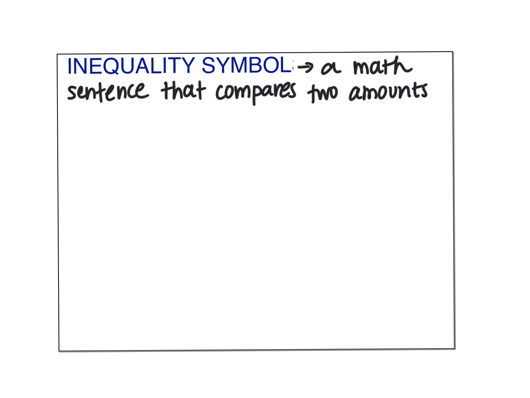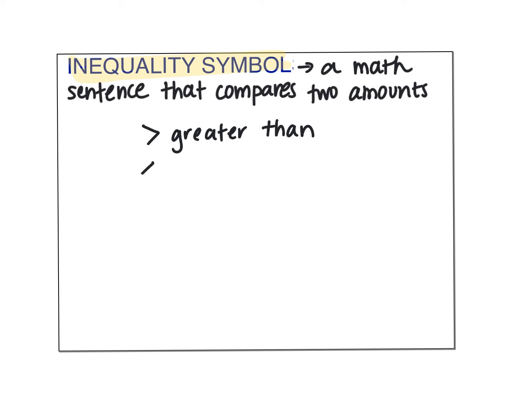So the next thing I want to talk about is an inequality. You're going to want to write this definition down. An inequality is a math sentence that compares two amounts. A math sentence that compares two amounts. So basically, if you use the symbols to compare, you've learned these in the past, this symbol means greater than.